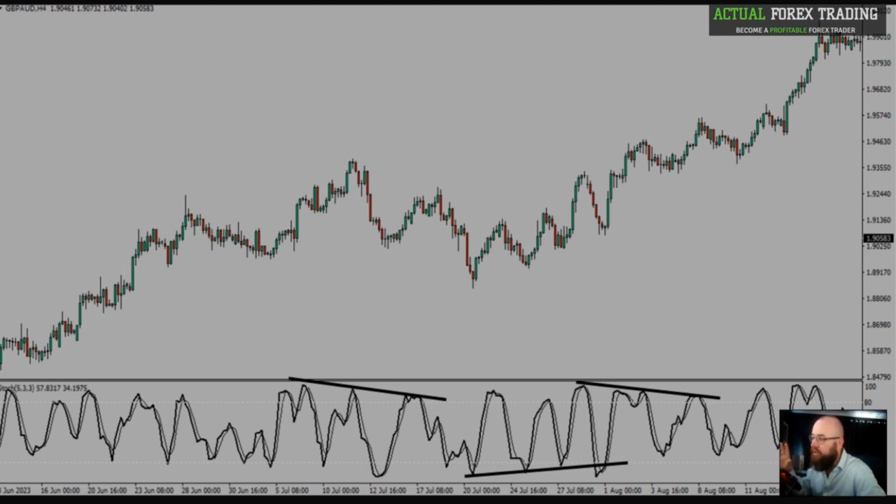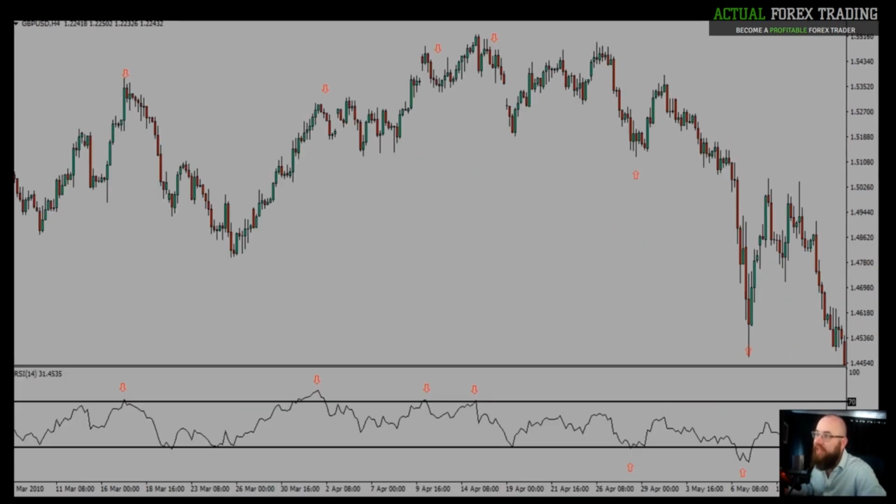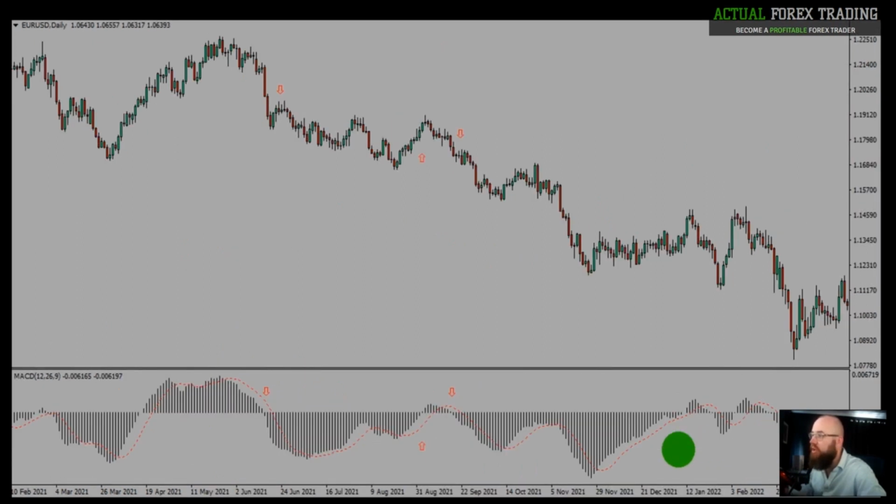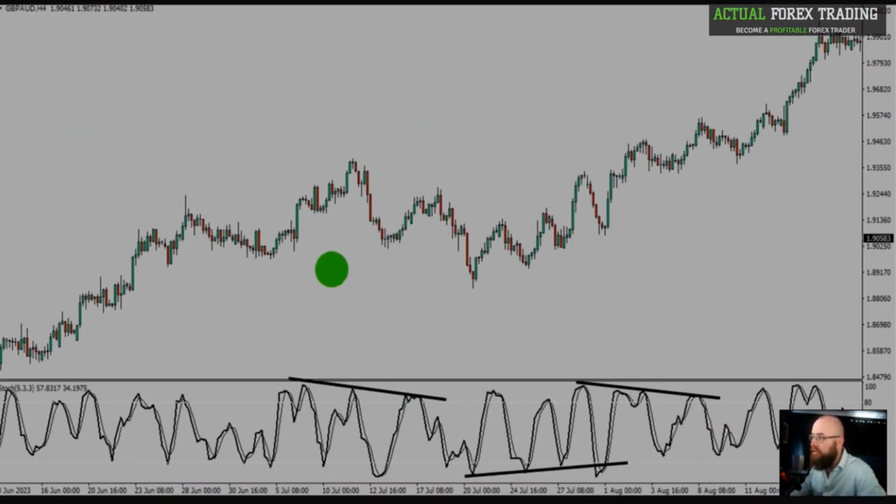So this is called divergence, and this is used by a lot of traders, but it is much harder to understand than an overbought RSI or oversold RSI or some sort of cross of a center line. The way divergence works is it's all based on swing highs and swing lows of a trend. So we think of a trend where you get higher highs and higher lows, so higher lows here, higher highs of an uptrend.